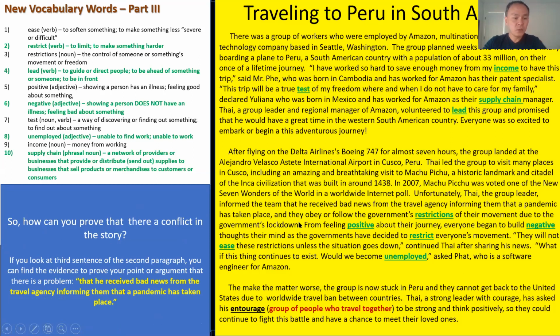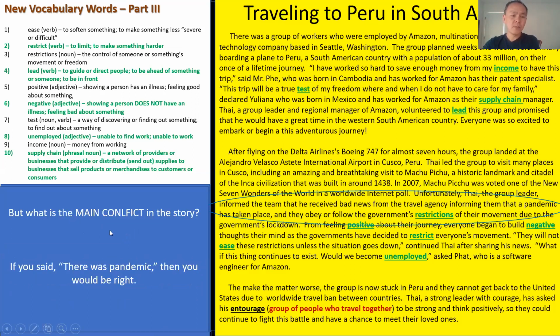Look at the third sentence of the second paragraph. You find the evidence to prove your argument that there's a problem: he received bad news from the travel agency informing them that a pandemic had taken place. This is the main problem, the main conflict of the story, okay?